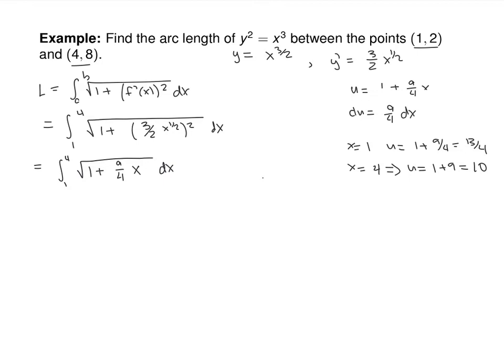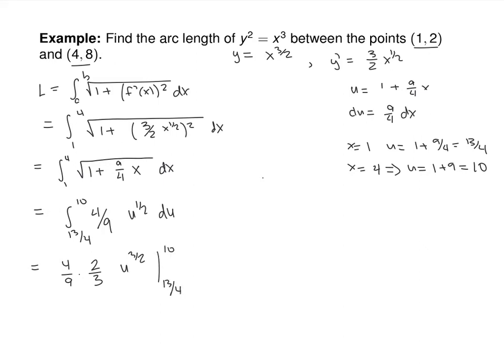So this becomes the integral from 13/4 to 10. We'll have 4/9 as a coefficient because we had to solve that for dx. u to the 1/2 du. So that's 4/9 times 2/3 u to the 3/2, evaluated from 13/4 to 10.